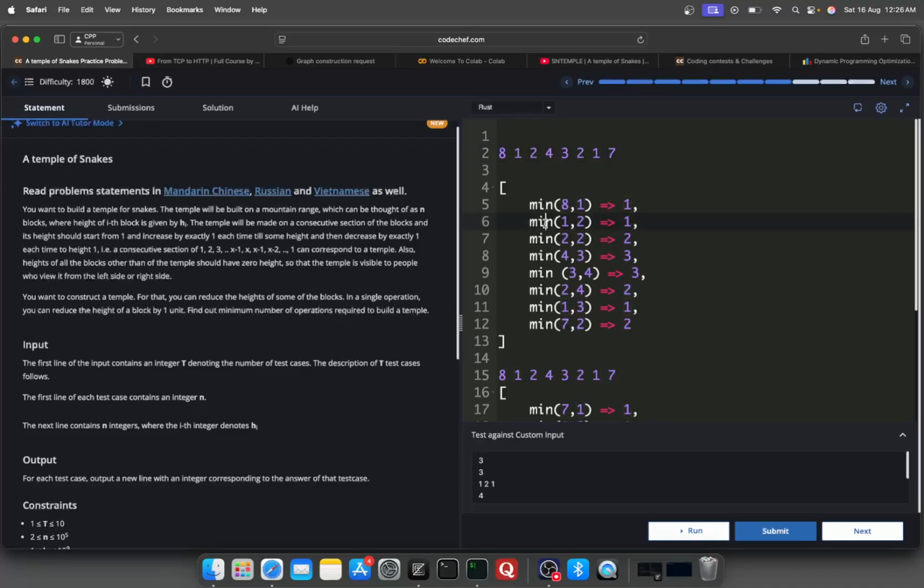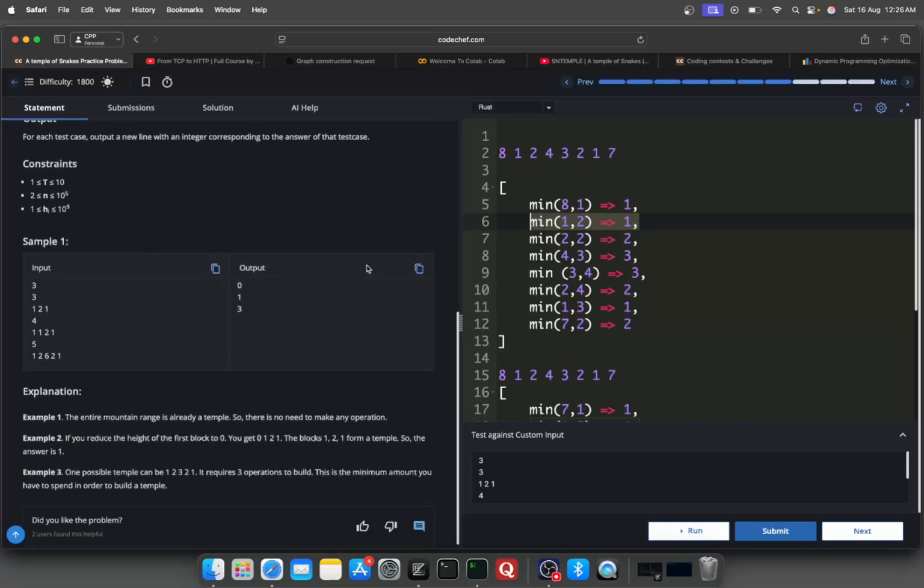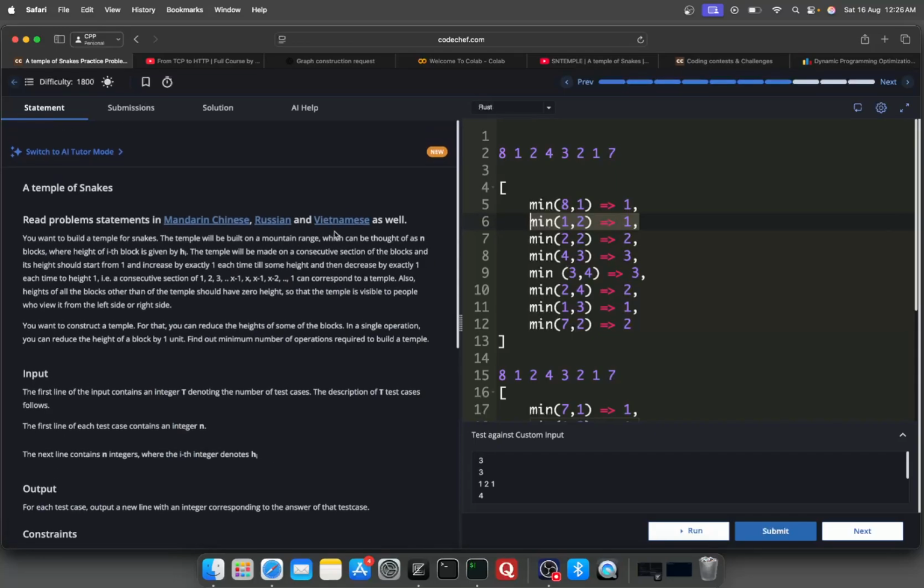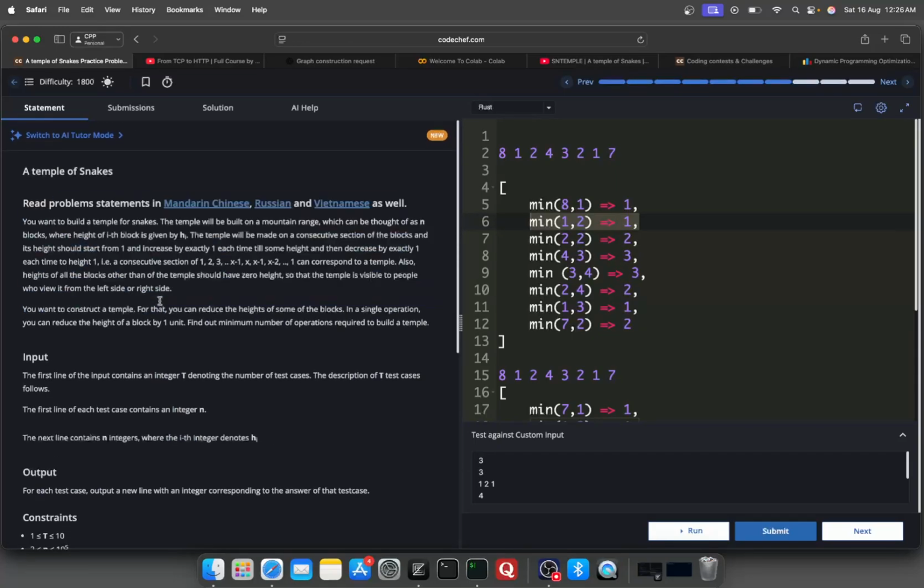Why we choose minimum here, I can explain. According to the question, we are allowed to decrease an element, we are not allowed to increase an element, right?